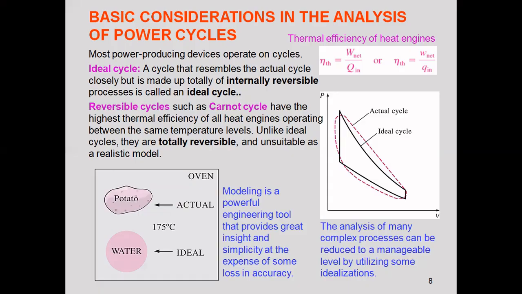So if I study the ideal cycle, I will have an estimation of how much maximum efficiency or maximum work output we can get. Beyond that, it is not possible. So the ideal cycle gives the maximum possible work output or thermal efficiency.